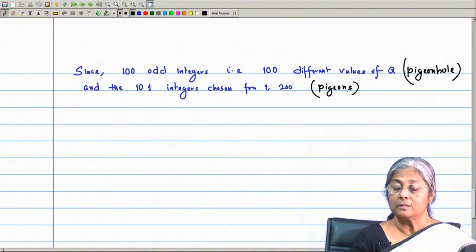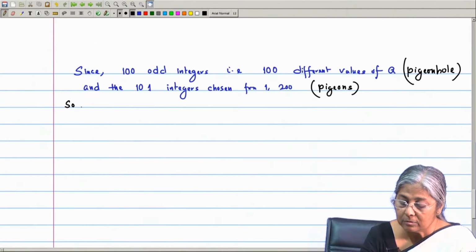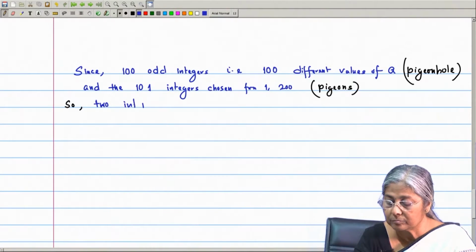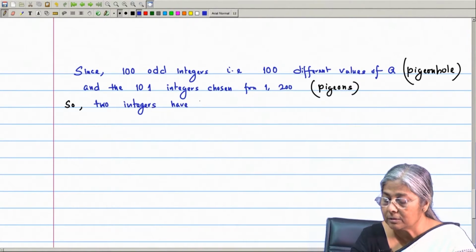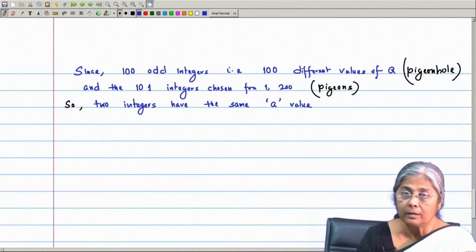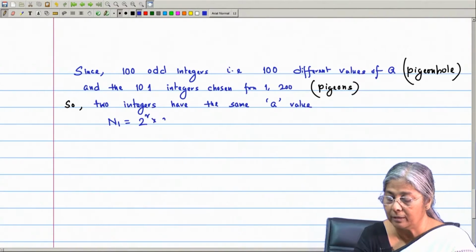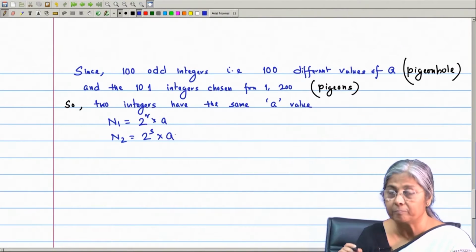So two integers have the same a value. And those two numbers we have taken are n1 equal to 2 to the power r into a and n2 equal to 2 to the power s into a.